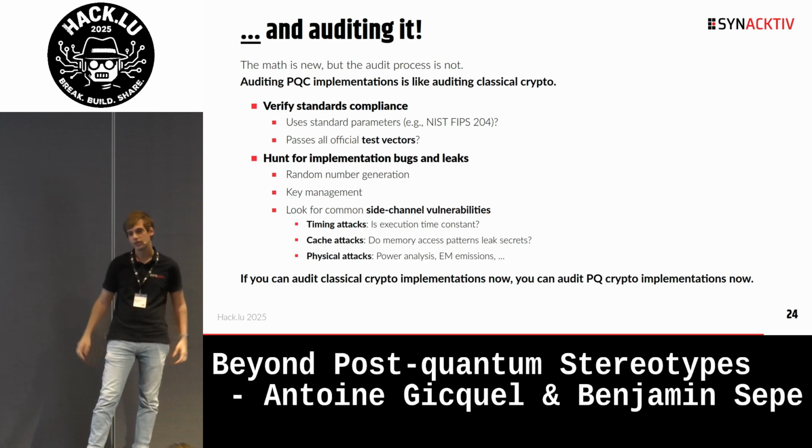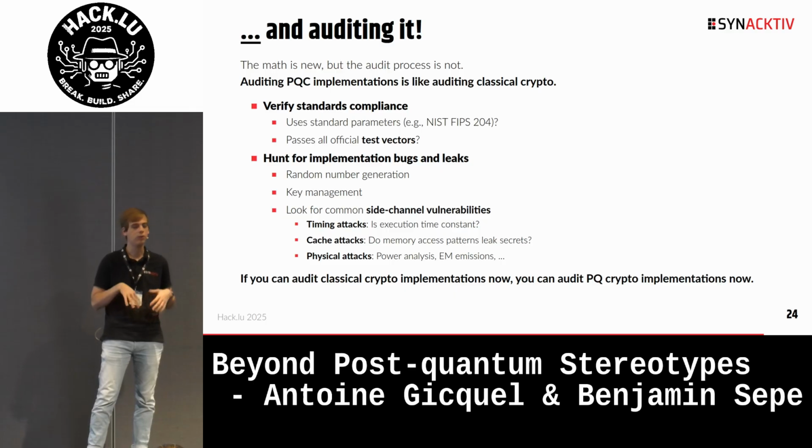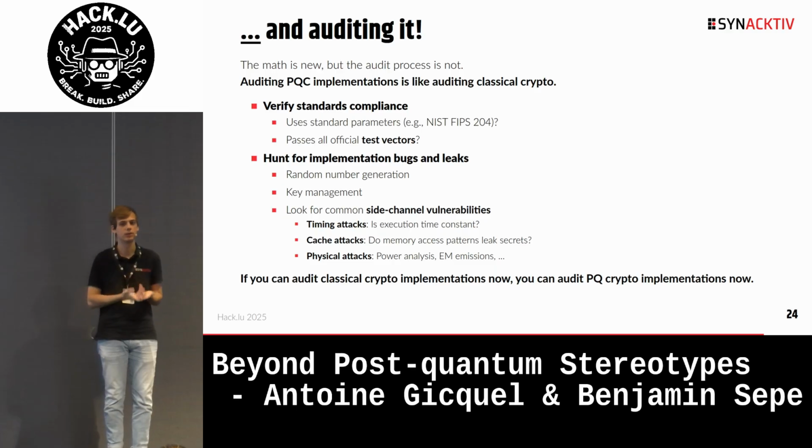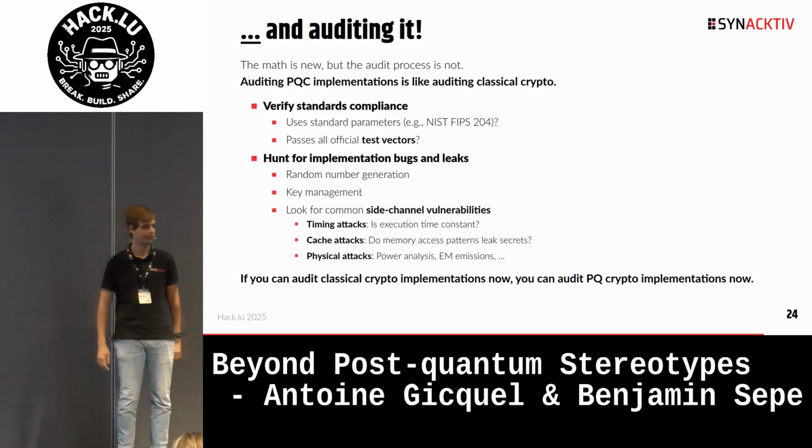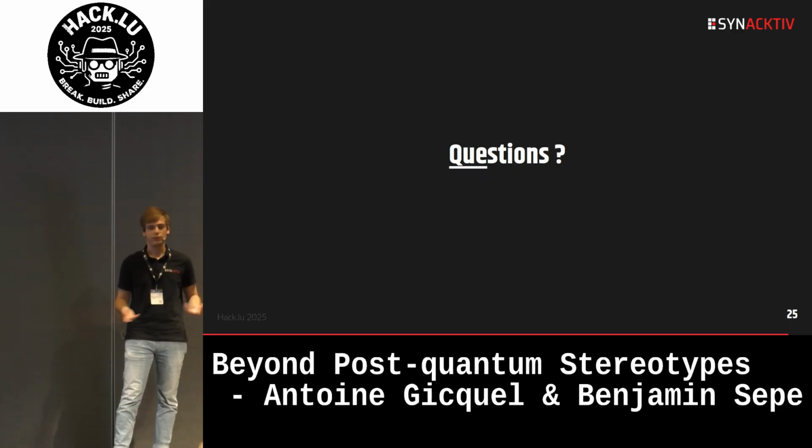We have seen the measures that have been taken in the industry to solve this issue, both for creating algorithms that we believe to be secure enough and putting in place fail-safes so that in case one of these gets broken, we still don't end up using broken cryptography in all our infrastructure. And how as an auditor you can already help audit these implementations to ensure that they're protected against the most common issues. So that's it for us.